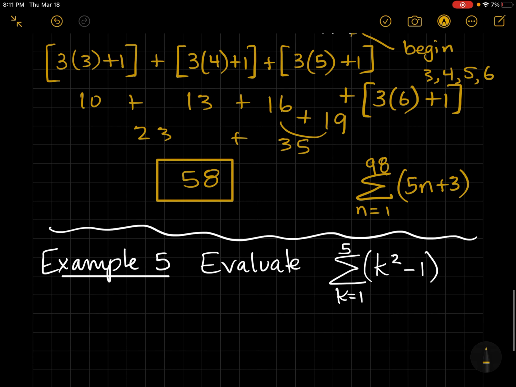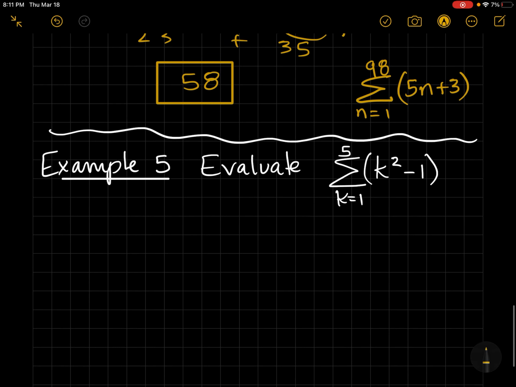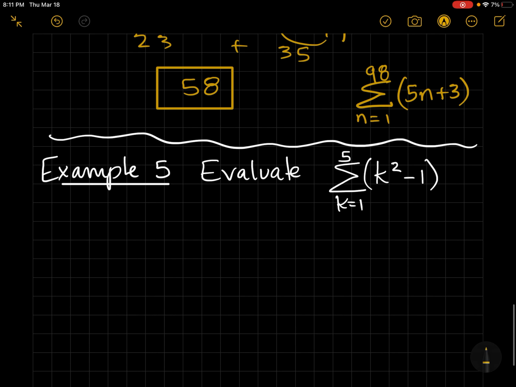Okay. Let's do one more to make sure you've got it. Okay. We start with 1 and we plug it in, then 2, 3, 4, and stop when we get to 5.